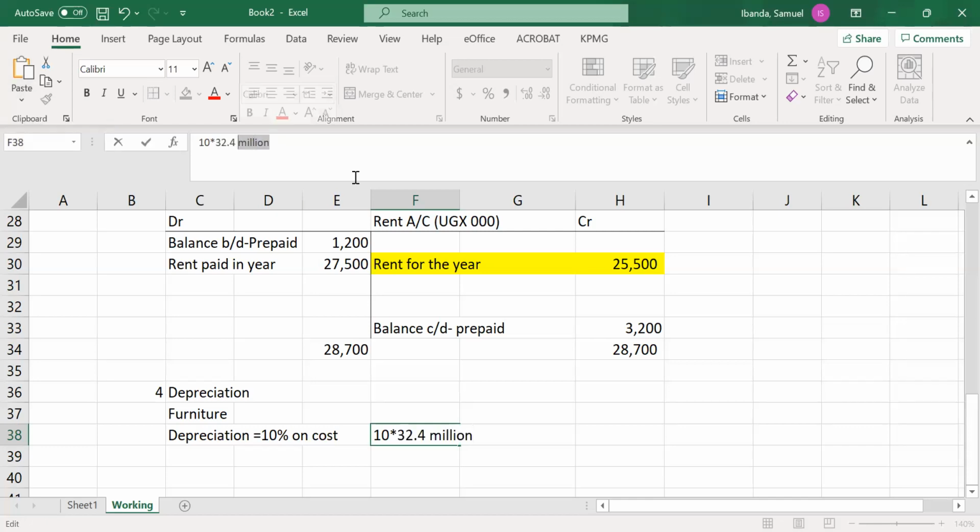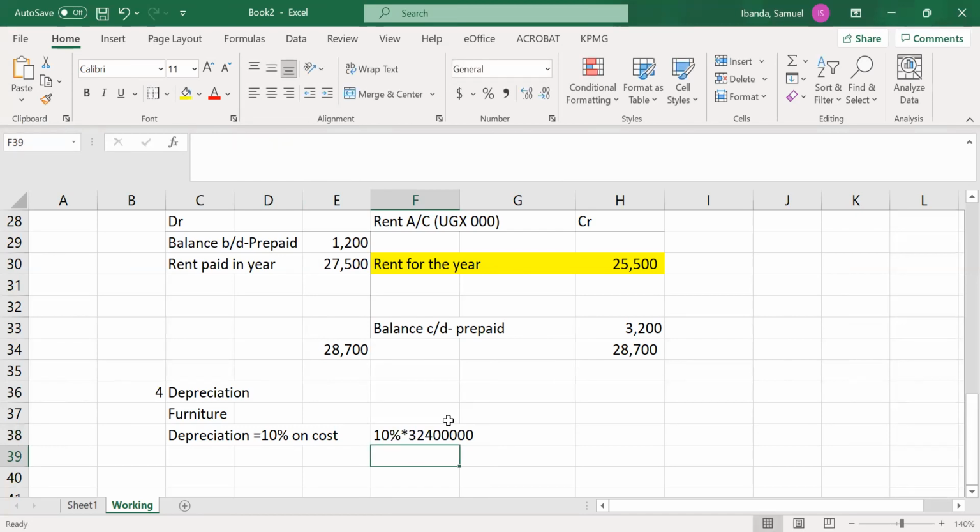I'll multiply it by a million to become 32,400,000, and this is 10%.